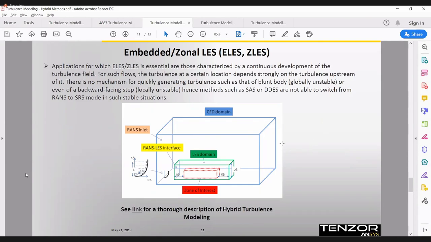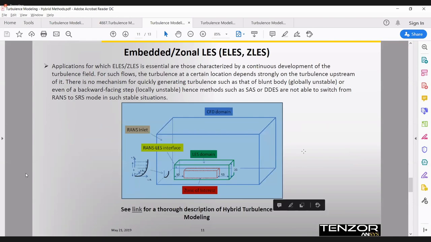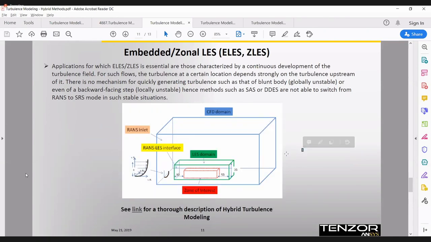So there was here some kind of an idea to use scale adaptive simulation. The meaning of using scale adaptive simulation is just like using the vortex generator. It's the same thing.